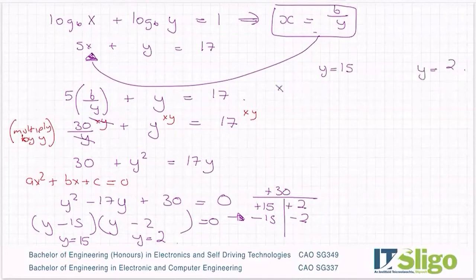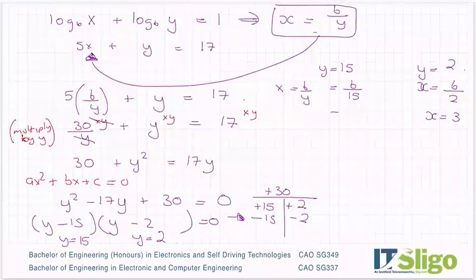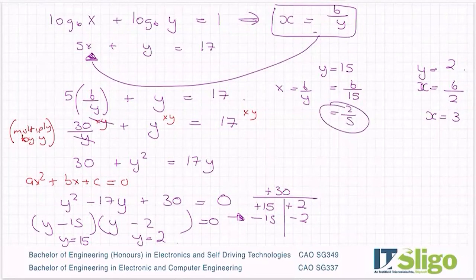Let's work out our x's. x is 6 over y, so in this case it's 6 over 15, and in this case x is equal to 6 over 2, which is 3. You can divide top and bottom by 3 if you wish, whatever way you want. But there's your x's and your y's, and there's your simultaneous equations solved for x and y.